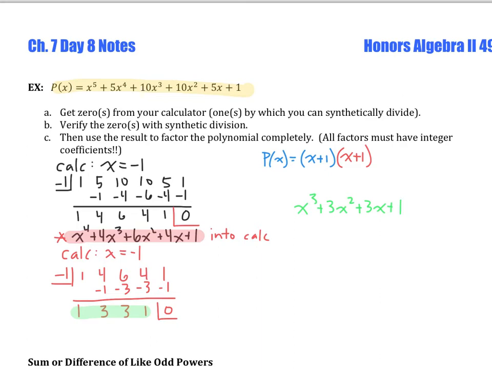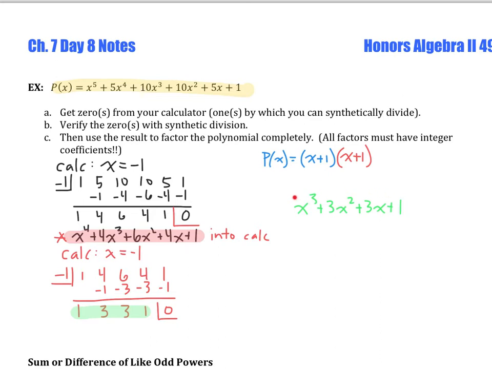We can factor this by grouping. Actually, no, we cannot. We can't factor that by grouping. So we need another 0 from our calculator. But you should notice that if you look at any zeros from this polynomial that you should still have in your calculator, you won't see any other zeros besides -1.